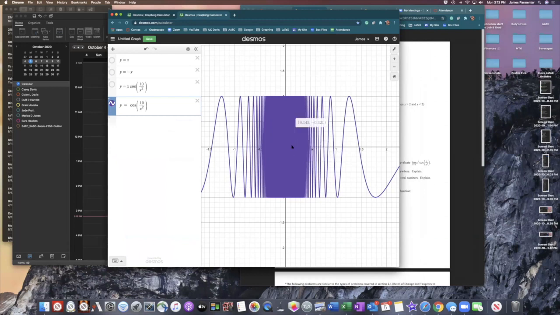It actually oscillates between -1 and 1 an infinite number of times as we get closer to 0. Which means the limit doesn't exist, because for a limit to exist, the y values have to be zeroing in on one specific value. And that is definitely not the case here. So that limit doesn't exist.